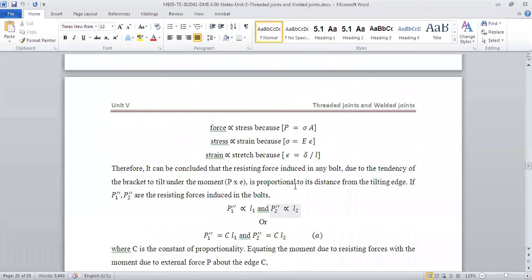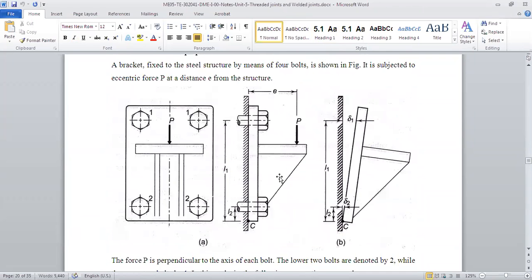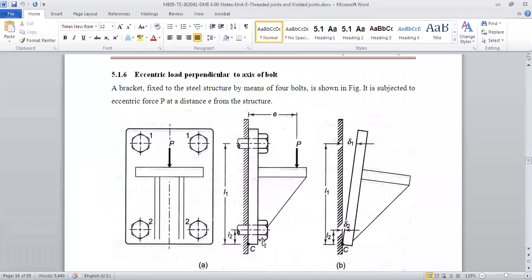How can we find that? Now we'll take a moment about point C. What is the moment? Because of P, there will be a moment P into the distance, eccentricity E. P into E will be clockwise. Now the load forces will be like this, so there will be an anti-clockwise moment in the 4 bolts. In bolt 1, the force is P1 double dash, so P1 double dash into L1.